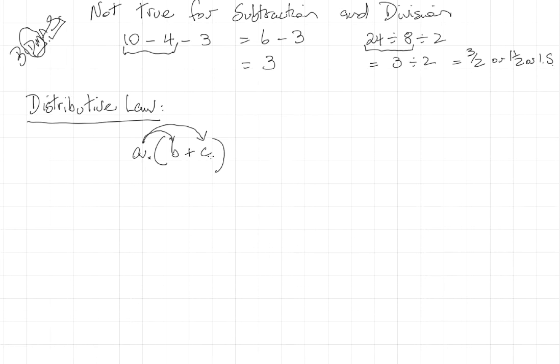Terms are connected by pluses and minuses, so we have 2 terms in the bracket. This is A multiplied by B, then we bring the plus across, A multiplied by C. Similarly, if there is a subtraction inside, then it's A times B minus A times C.